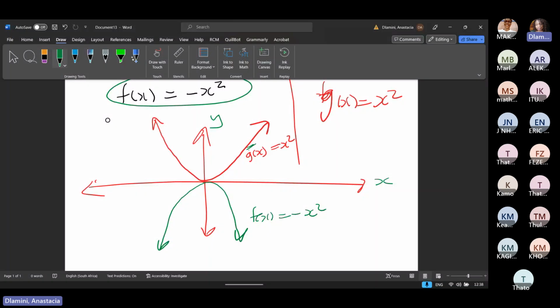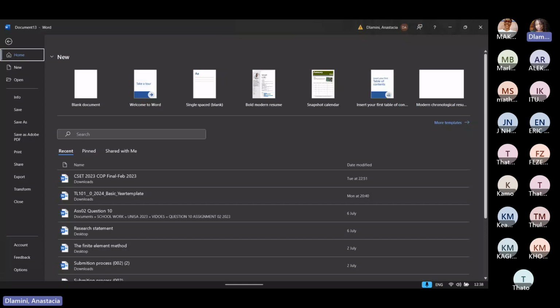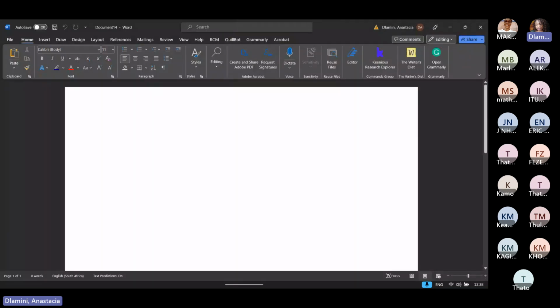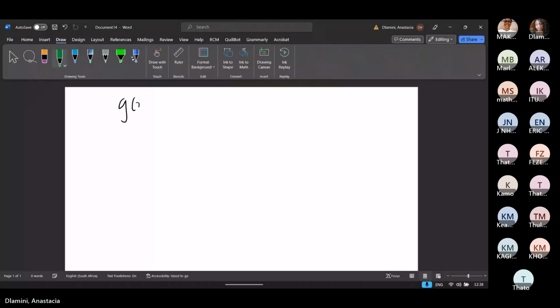Now I wanted to, oh no, before that, there's another one. g of x equals square root of minus x. Where do we start? The mother function. What is the mother function? Let's call it f of x. It's the root of x. Thank you. f of x equals the root of x. So what do we do with the root of x?